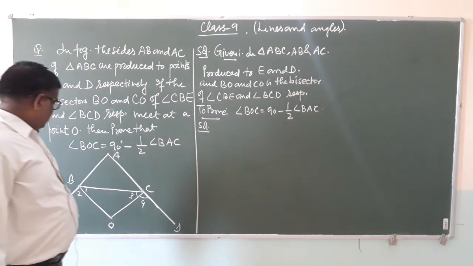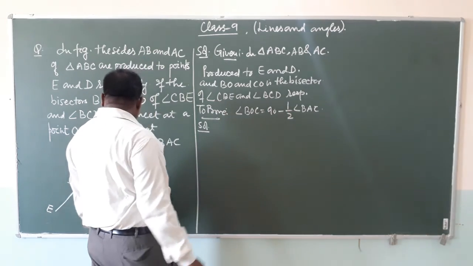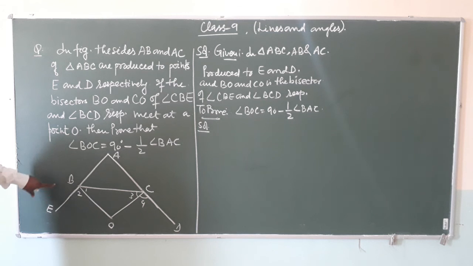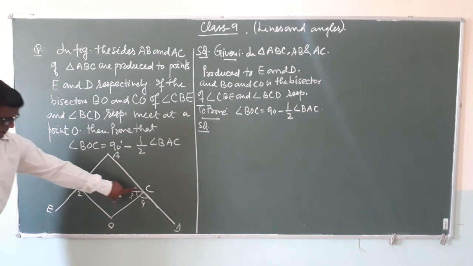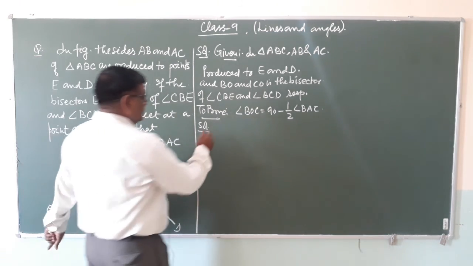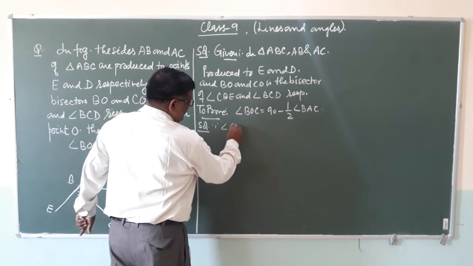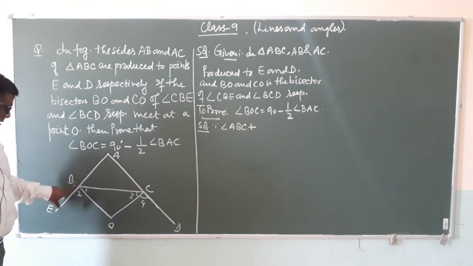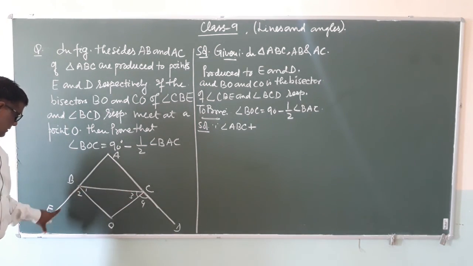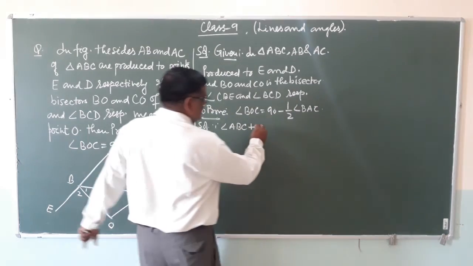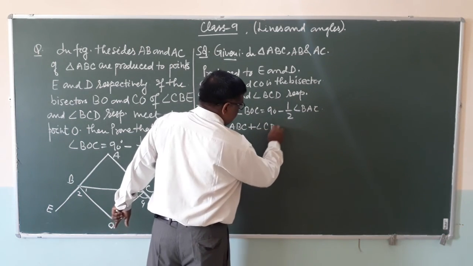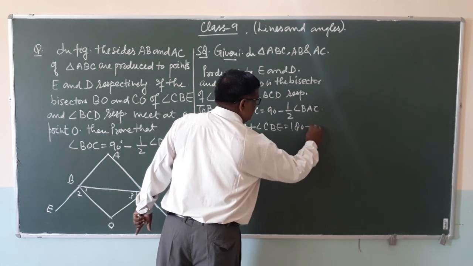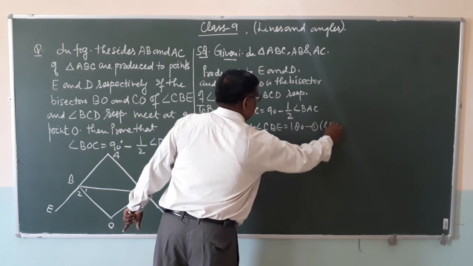So first of all, we write angle ABC plus angle CBE is equal to 180 degrees. That is equation 1, by linear pair.